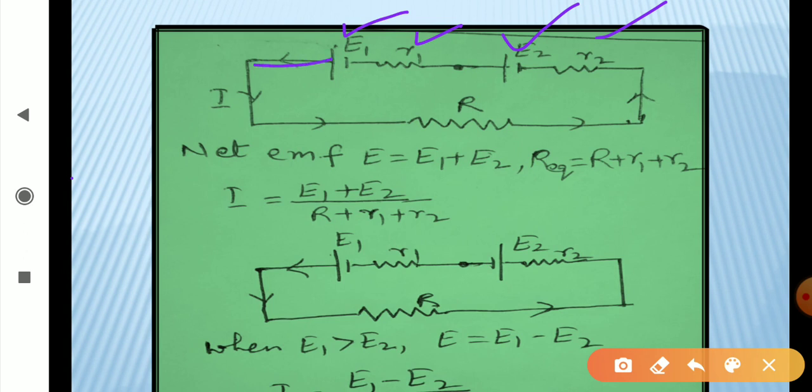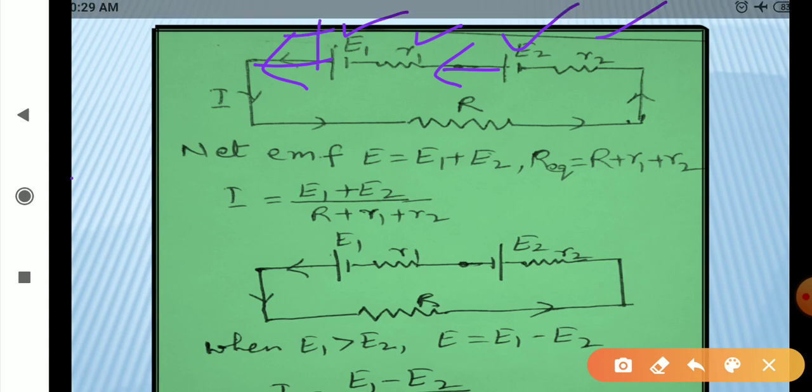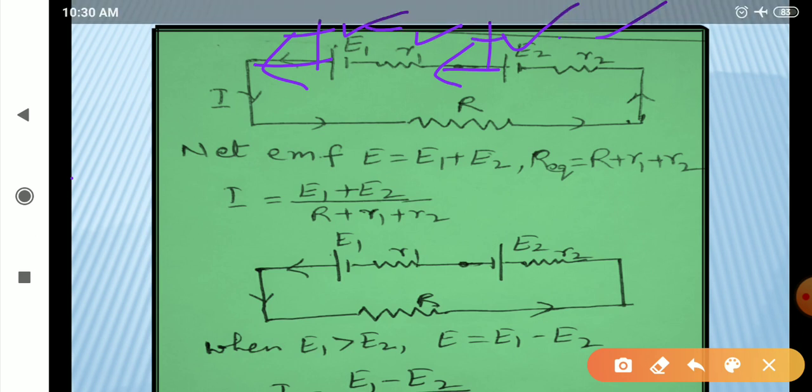The current from E1 is along this direction and current from E2 is also along the same direction. The positive terminal of E1 is this one and negative is this. The positive terminal of E2 is here and negative is this one. That means the negative terminal of E1 is connected to the positive terminal of E2. And they both are giving current along the same direction. So they are being added up.